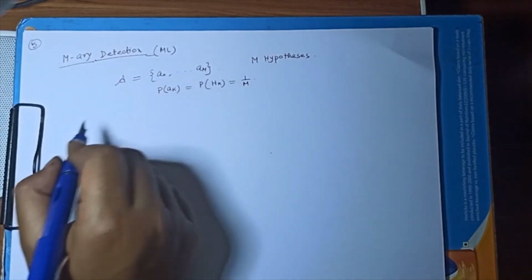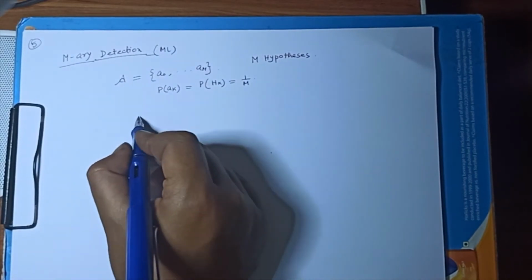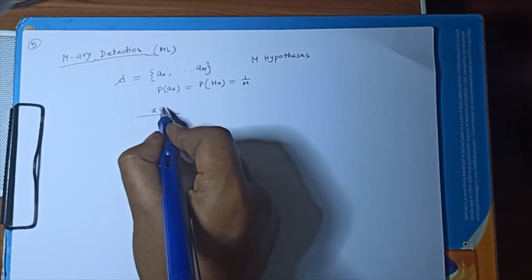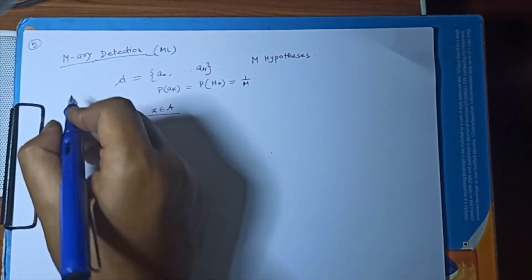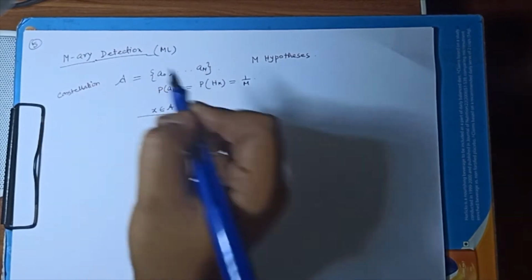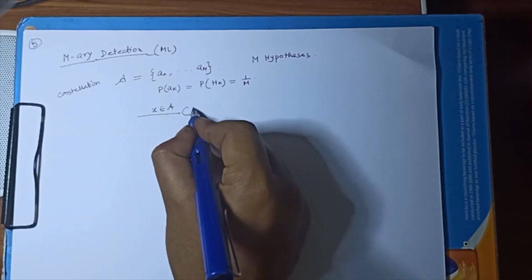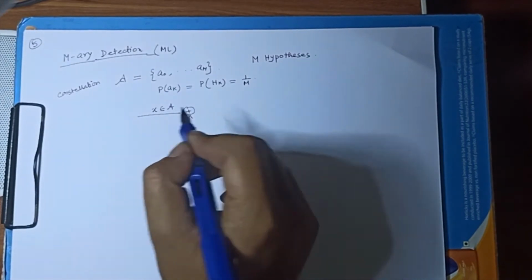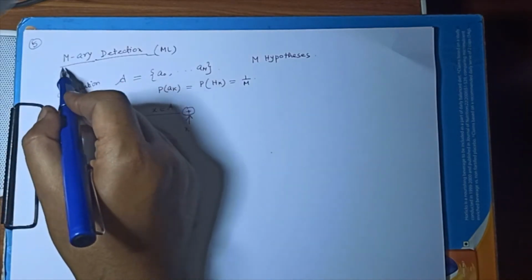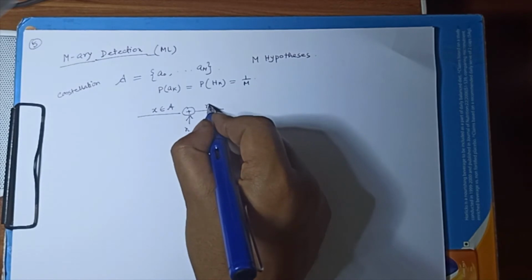Then my ML rule says that at the detector, what is happening is you are having some signal x which is coming from this alphabet. So this is the constellation alphabet. One of the signals is coming, that particular scalar, and you are adding the random variable n. Still now this is scalar, but there are M number of symbols. This is the Gaussian noise and you are detecting R.